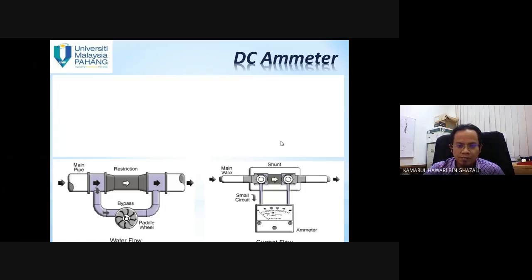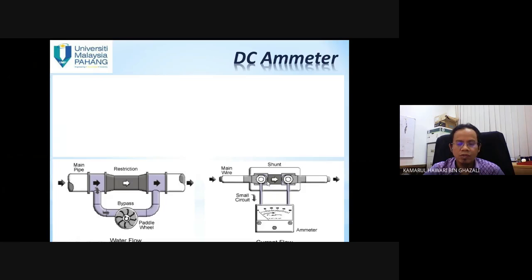So this is the conceptual of ammeter. Main part, restriction. This is the illustration of a water flow. You have a main pipe, then the restriction here, so that then you get the output, and then you have the other flow here, bypass with a paddle wheel, and then you can see the water flow.